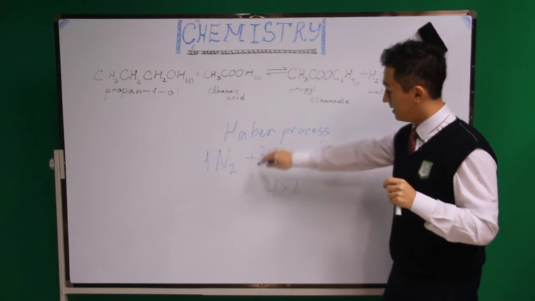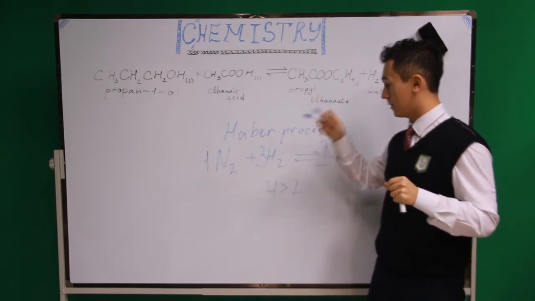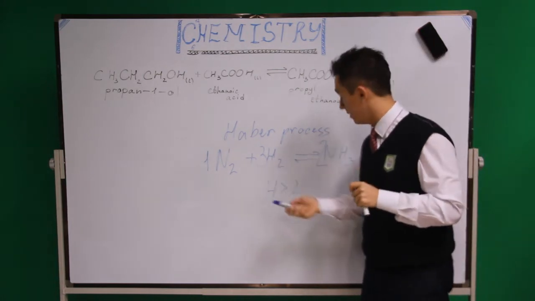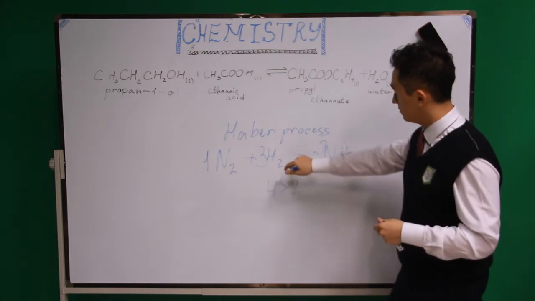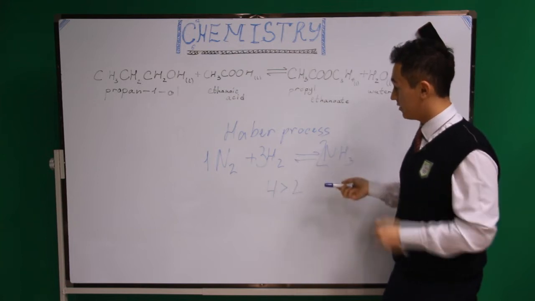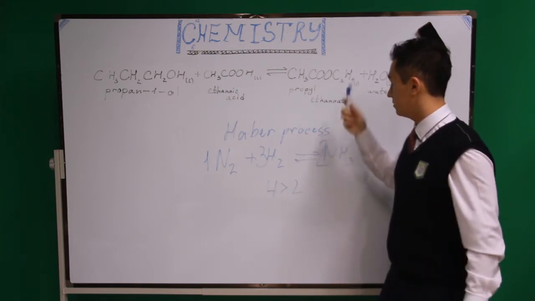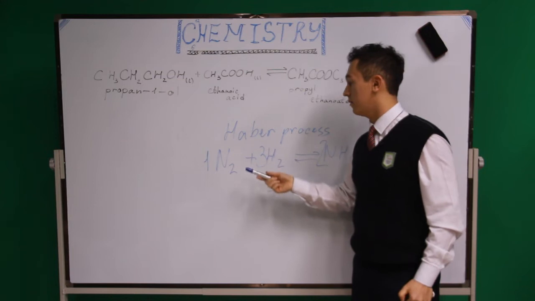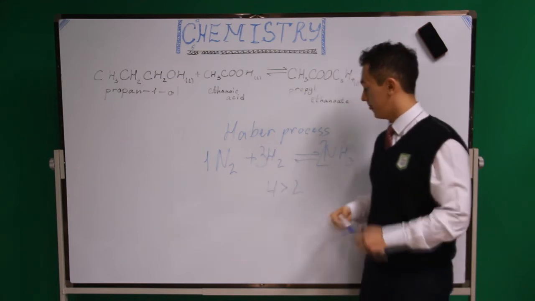It means that if in this case we increase the pressure, the reaction will shift to the right. And if we decrease the pressure, consequently it will shift to that part where we have more molecules of gas.